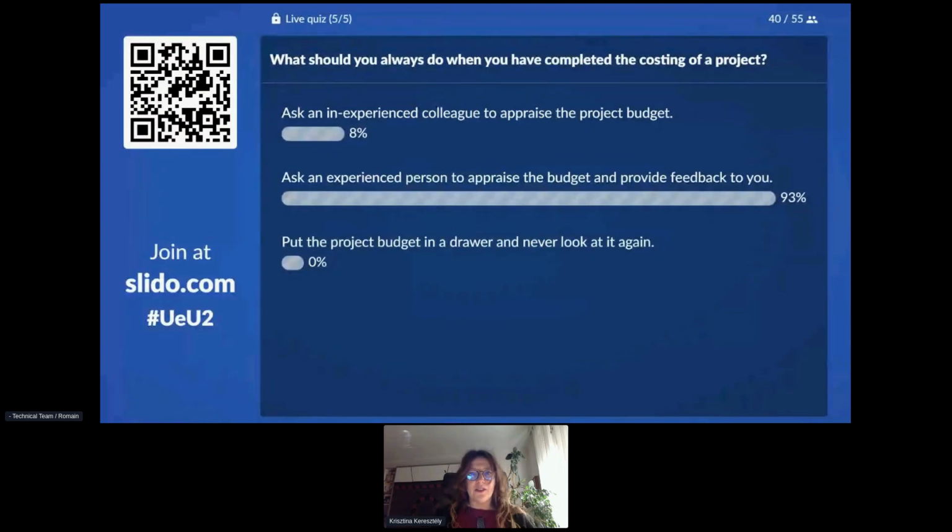So the good answer is, of course, to ask an experienced person to appraise the budget and provide feedback. You can, of course, also put it into the drawer, but then it doesn't have much use. And of course, you can also ask an inexperienced colleague, but if she or he doesn't give you a good answer, then it's not a good choice.